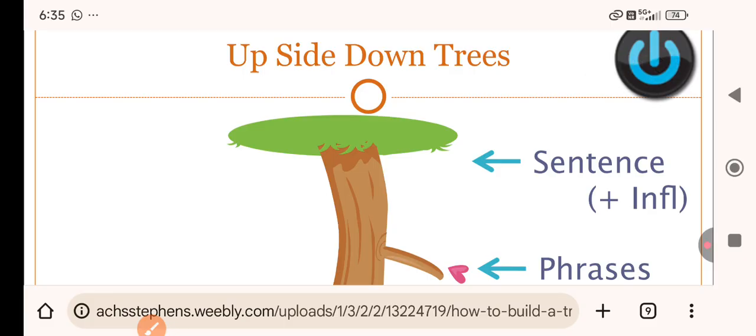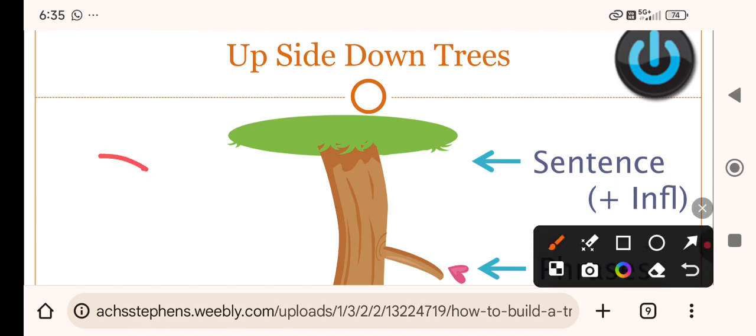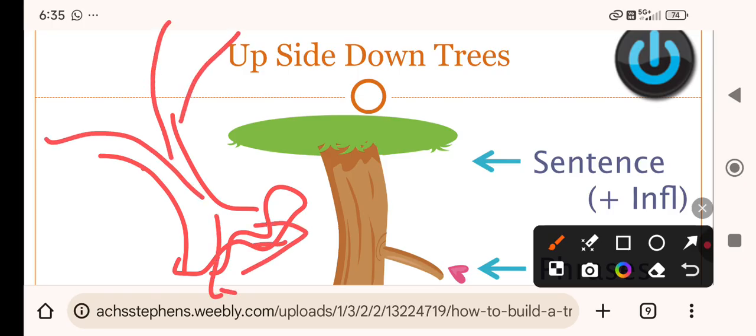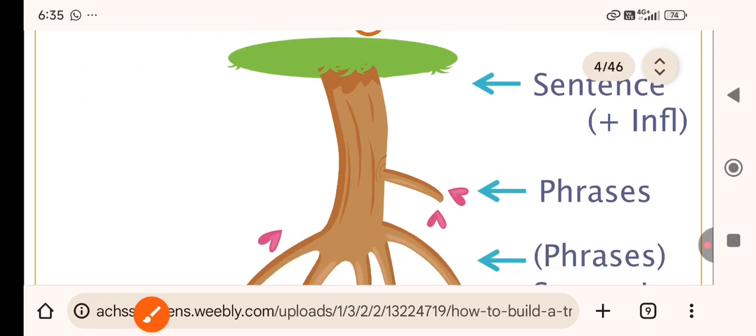Now next, upside down trees. Actually, a tree is just the opposite. This is the tree: this is the root, and these are the branches and all. But here, if you invert the tree, it will look like this. So that's a sentence.